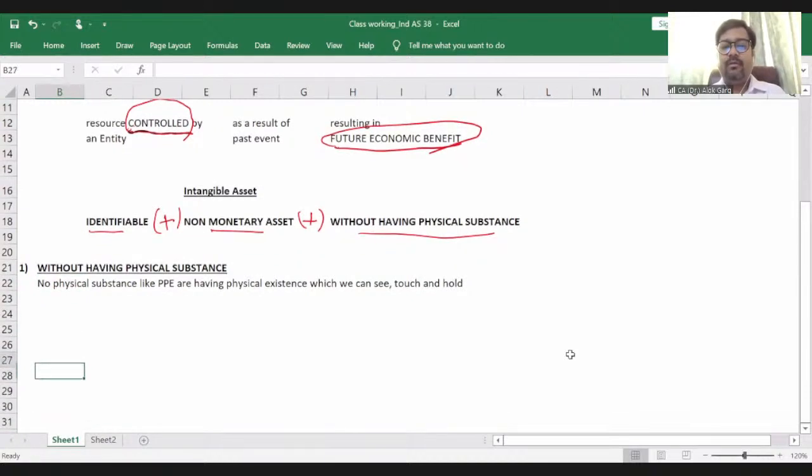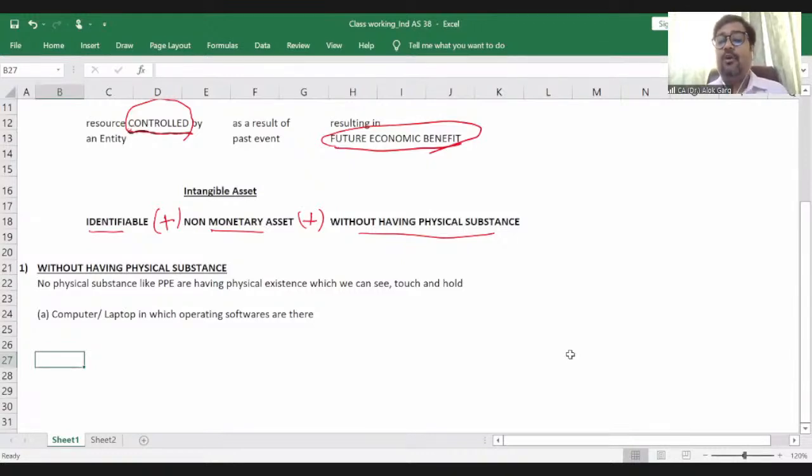Now, I'll give you an example, and I'll ask you whether a computer or laptop in which operating software is there is PPE, or is it a software, I mean an intangible asset.